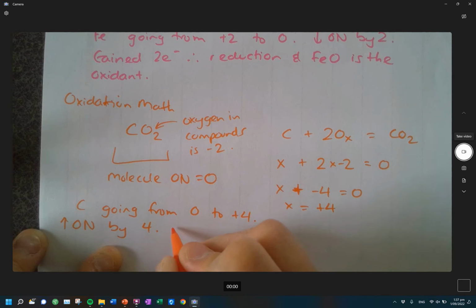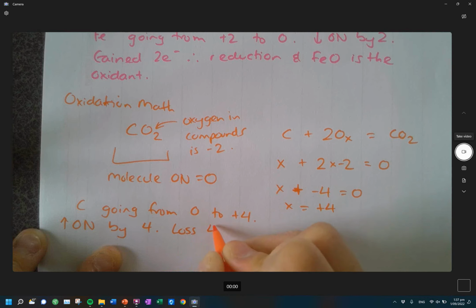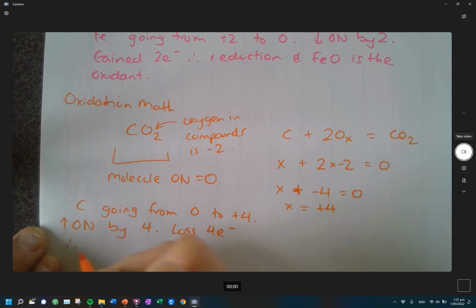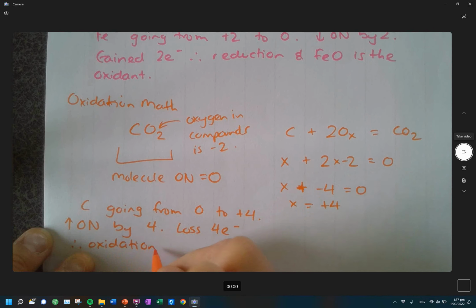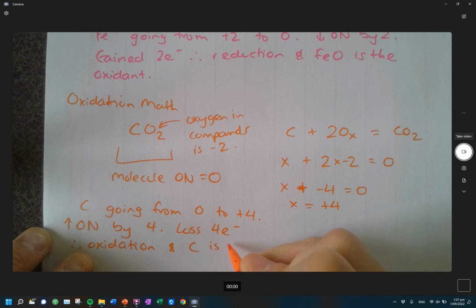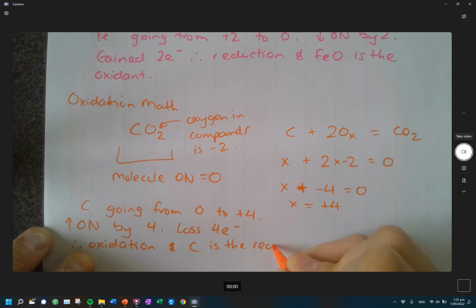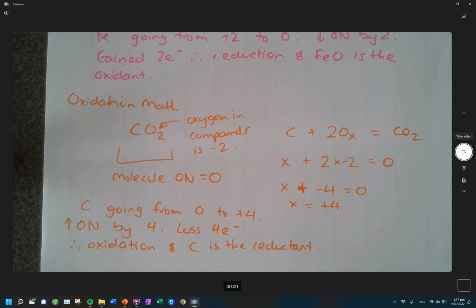So we've lost 4 electrons. And therefore, do I have an oxidation or reduction reaction? Oxidation. So do you see how you should always have 1 of each? And that makes carbon, as my reactant, the reductant. And that's how I can figure it out.